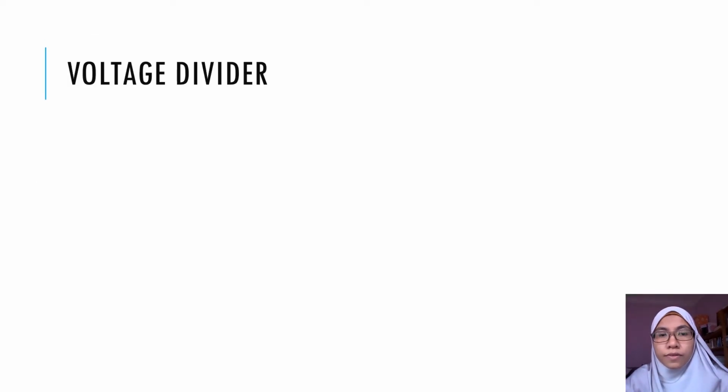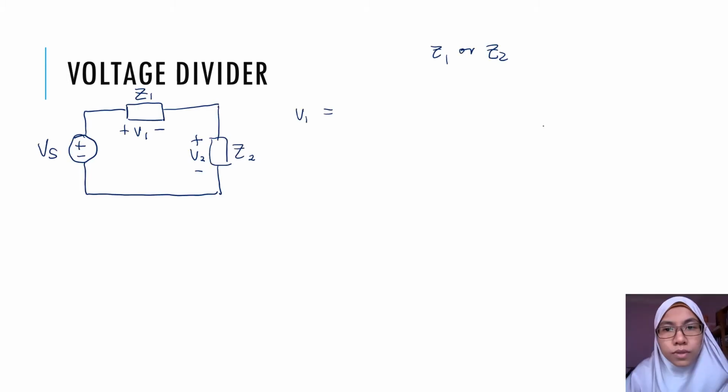Okay, for a voltage divider, we need a voltage source in series with a resistor or capacitor or inductor, but we need to use the impedance. So in the circuit, we have a voltage source in series with impedances. The Z1 and Z2 can be resistor, inductor, or capacitor.